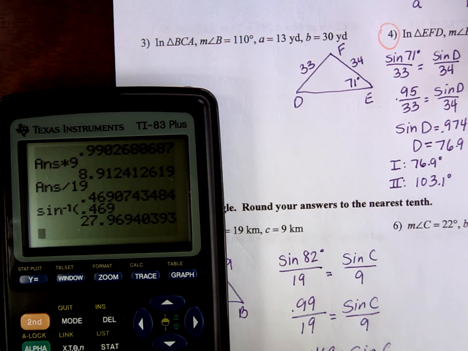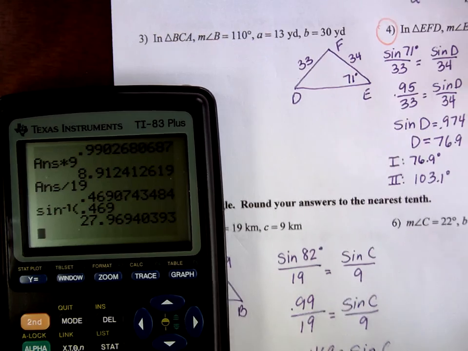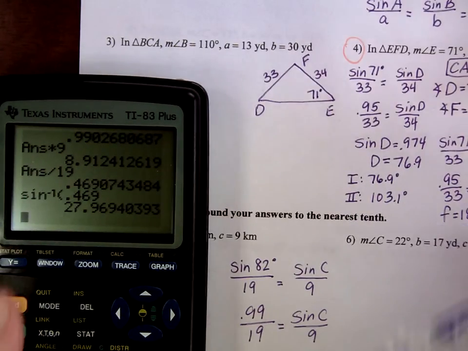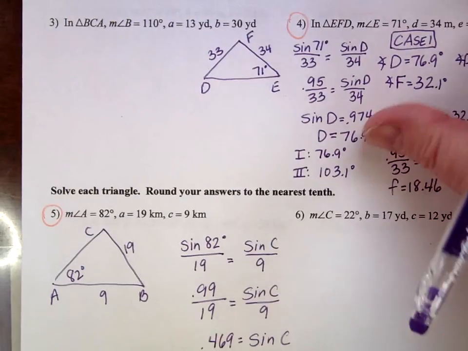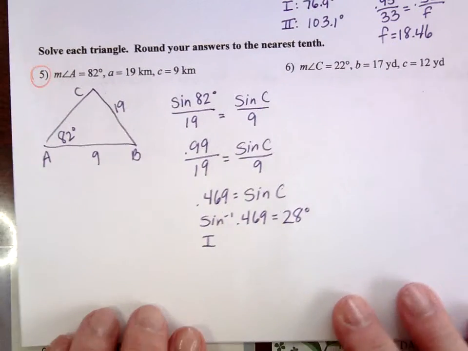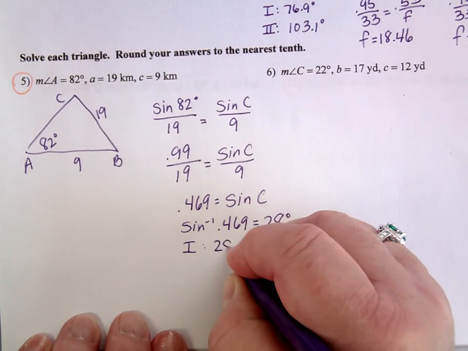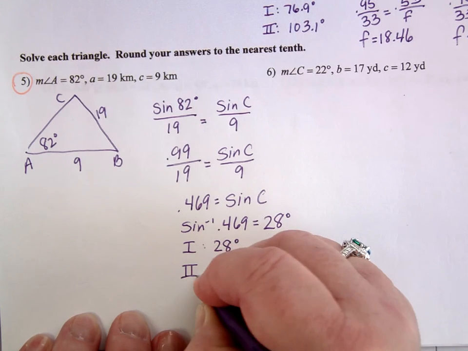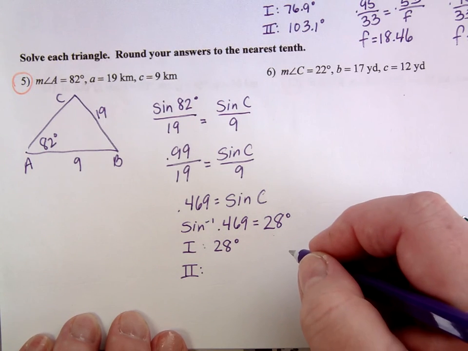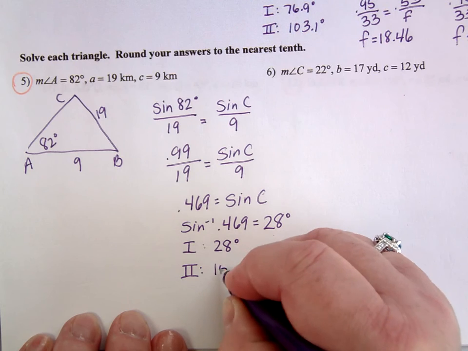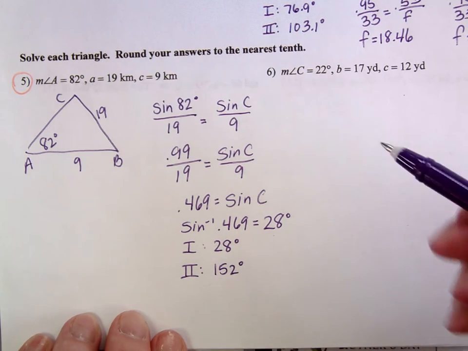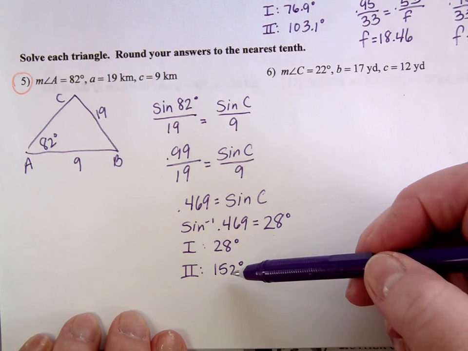Now, remember that can be in the first quadrant or it can be in the second quadrant. So let's see what that looks like. If I'm in the first quadrant, it's exactly the same as the reference angle. If I'm in the second quadrant, it's 180 minus that value. That would be 152 degrees. Well, let's think about would that work, just like we did in that number 4 problem.